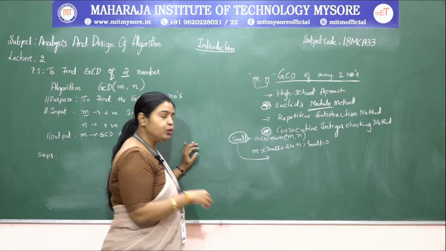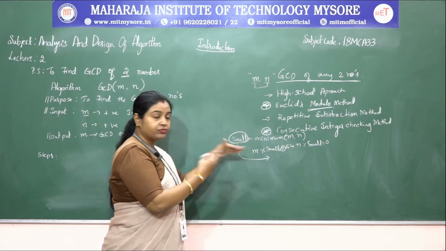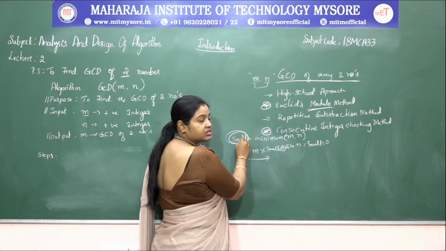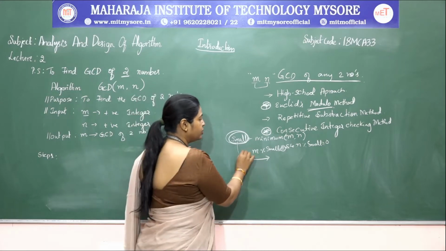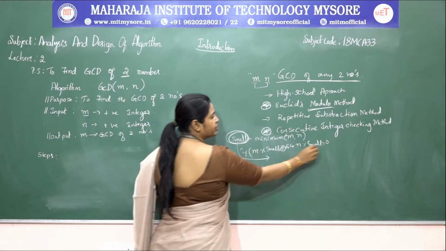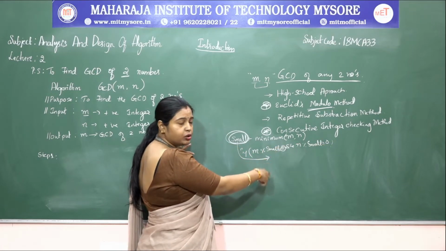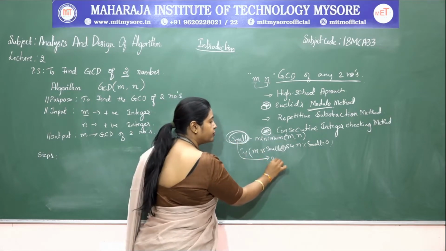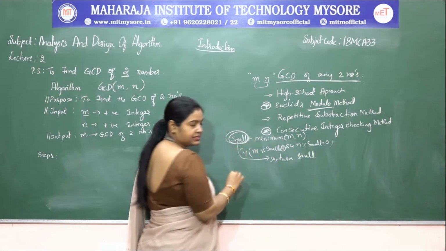Else, if we don't get the remainder as 0 in any one of the cases, we reduce this number by 1 in each and every iteration. If both the conditions are true, we return that small value as the GCD.